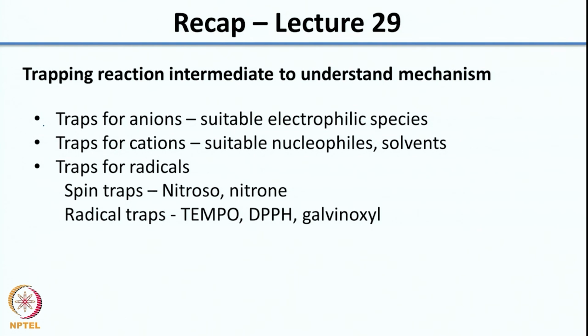In spin traps we had looked at nitroso and nitrone compounds which could be used to generate a new radical which is long lived because it is more stable. In the radical traps, you use a stable radical which will react with your reaction intermediate radical to form a quenched or neutral species. We had looked at several examples of radical traps.